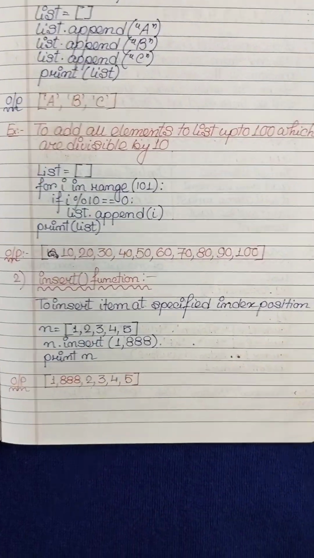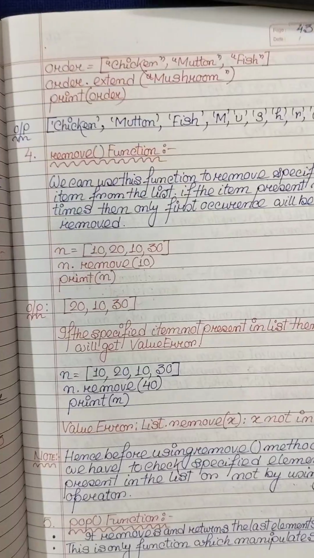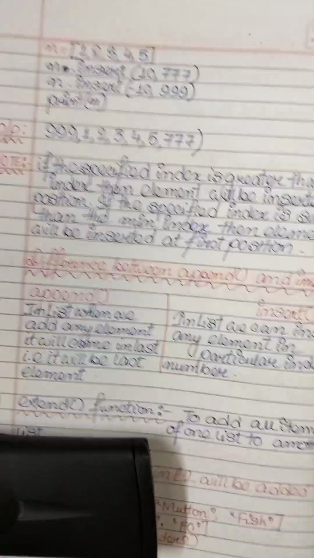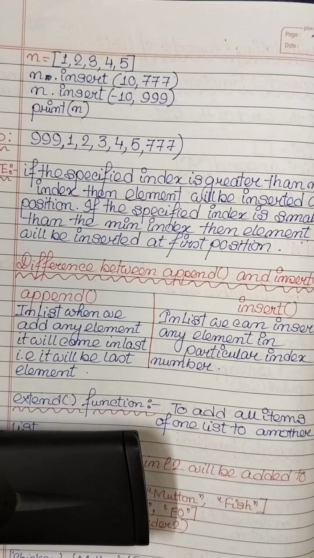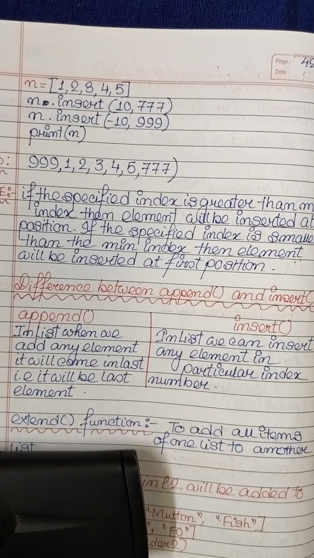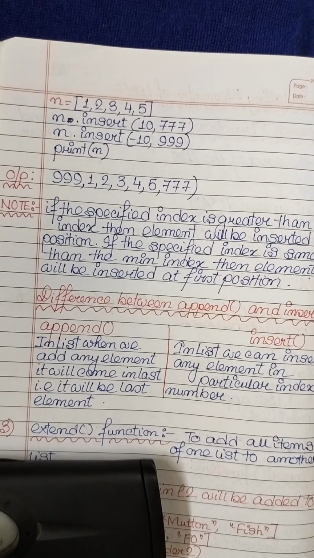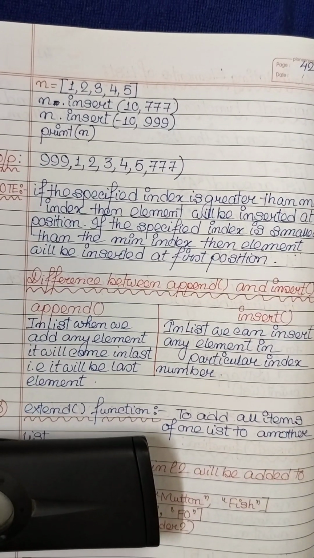Next, suppose n is equal to [1, 2, 3, 4, 5], n.insert(10, 777), n.insert(-10, 999), print n.